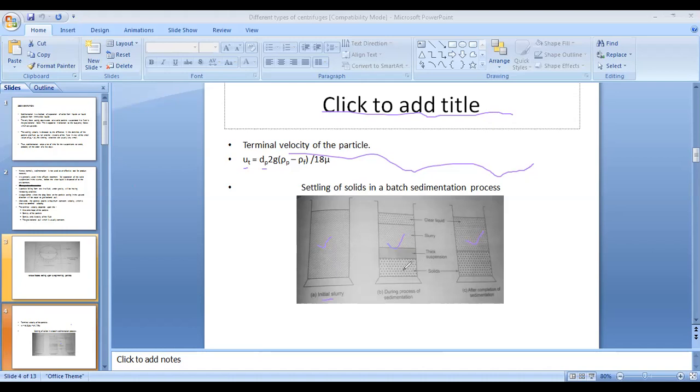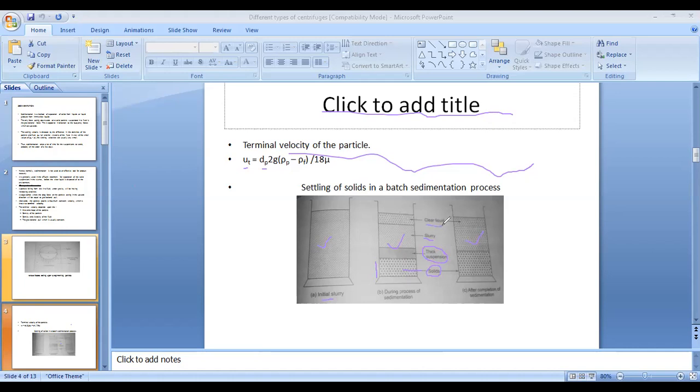The bottom of the cylindrical tank consists of rich solids, which means these solids attain the terminal velocity. The thick suspension is richer in solid and poorer in liquid. Above the thick suspension is the slurry, which is whatever slurry you have taken initially. And above the slurry, we also observe the clear liquid, which does not contain solid particles.